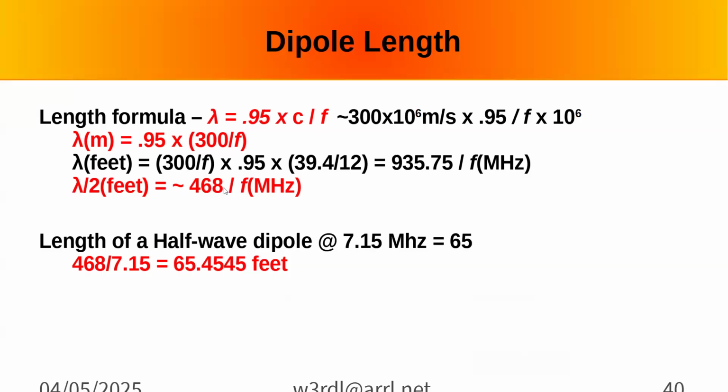If you do the conversion of the speed of light in meters to feet, you come out with that 468 number for a half wave dipole. So it says it's approximately 65 and a half feet. At 20 meters, it's going to be 33 feet.